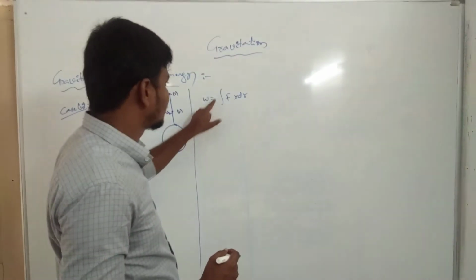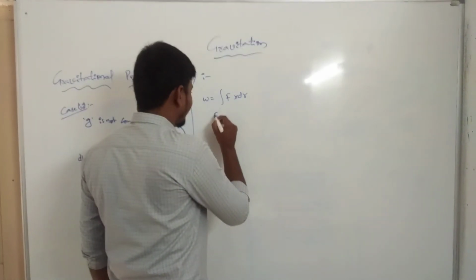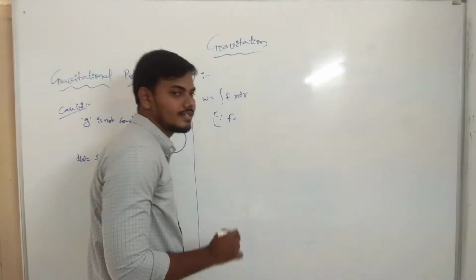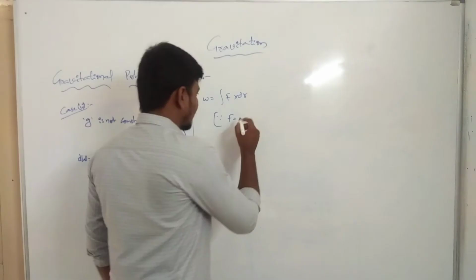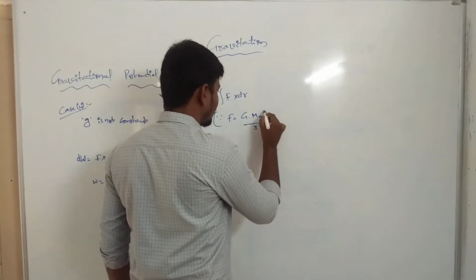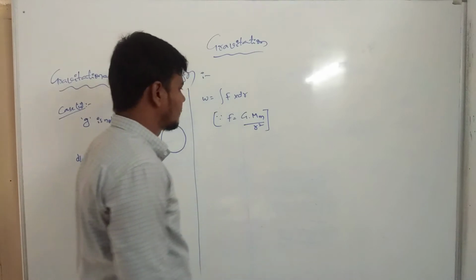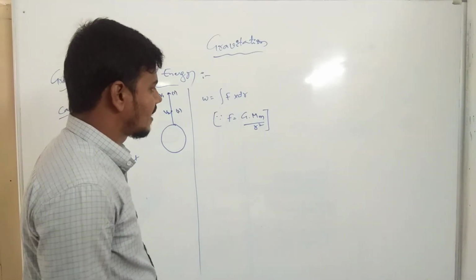Now W is equal to integration of F into dr. What is F? F is given by the universal law of gravitation. The equation is F is equal to capital G, capital M, small m by R square.